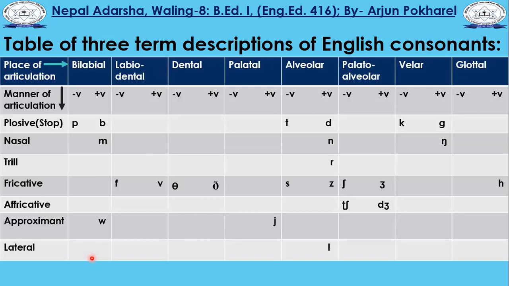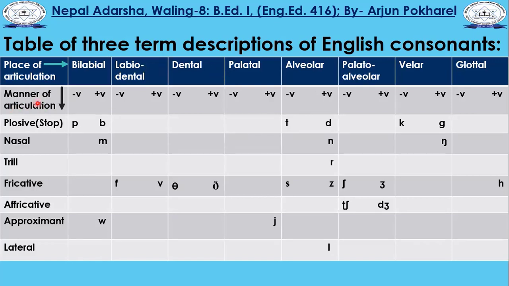Make a table of 9 columns and 9 rows so that it becomes rectangular in shape. It becomes easier for you, right? Here you can get the manner of articulation, and these are the places of articulation.